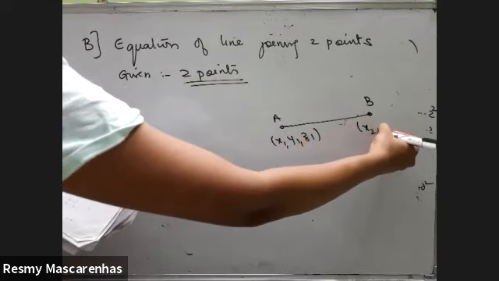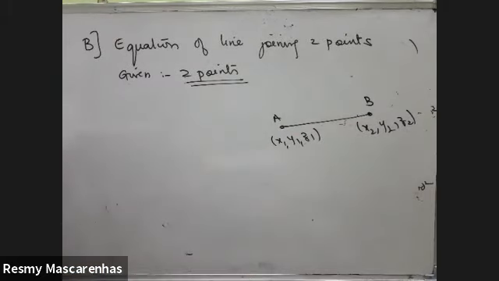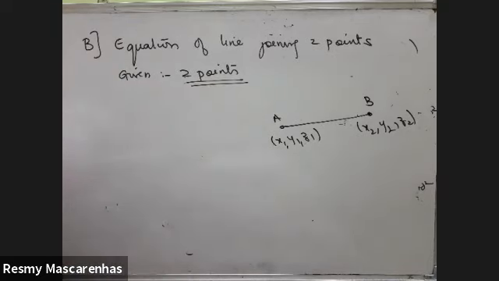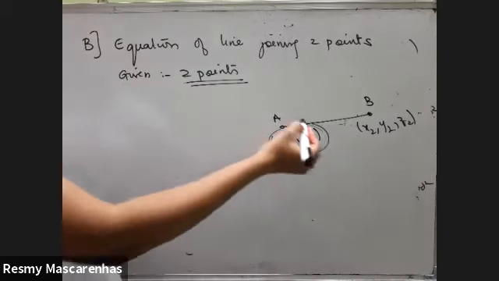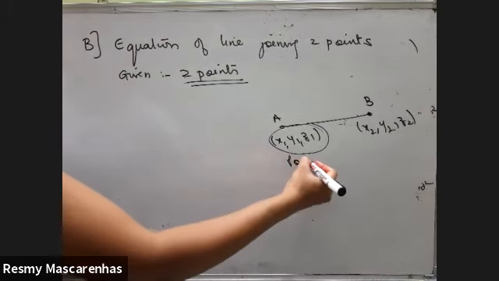This is x2, y2, z2. Okay. You can take any of the points. 1 point is enough. You already have a point.